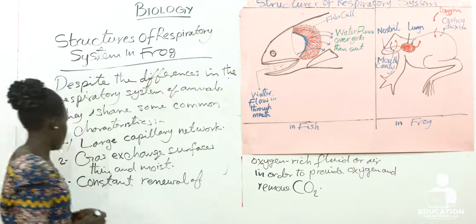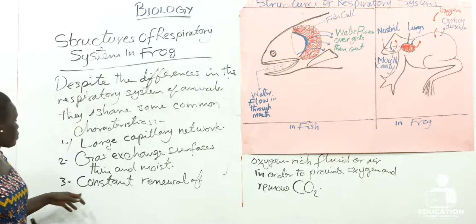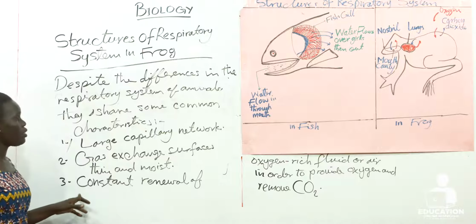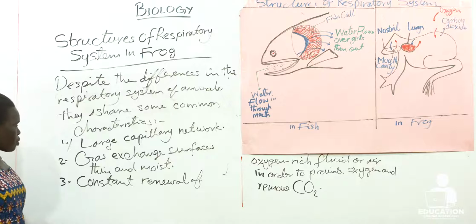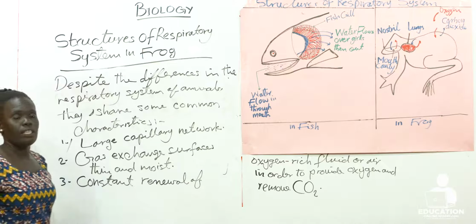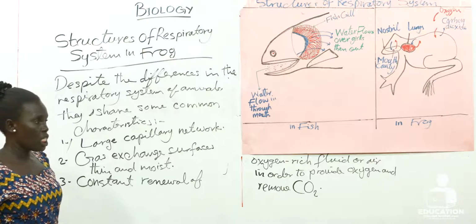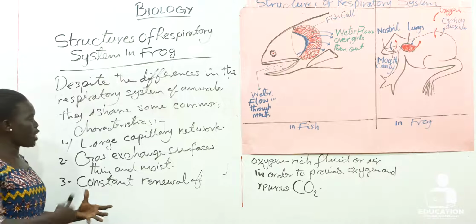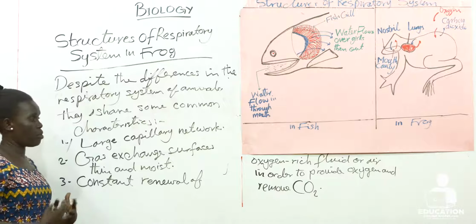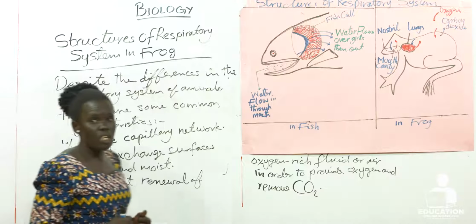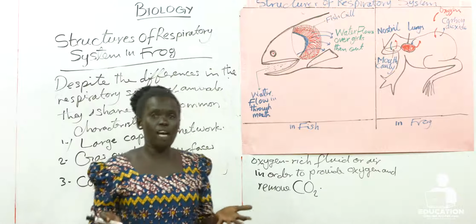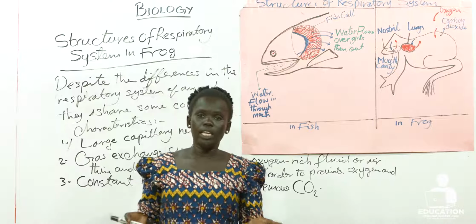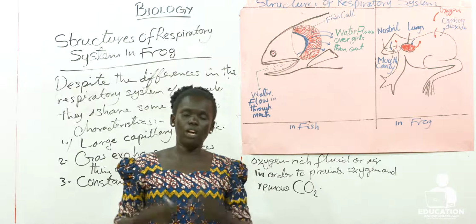This is the third characteristic that is shared by animals, although they have some differences in their respiratory system. You find the animals renew the air from time to time. That means they take in oxygen and they send out carbon dioxide.